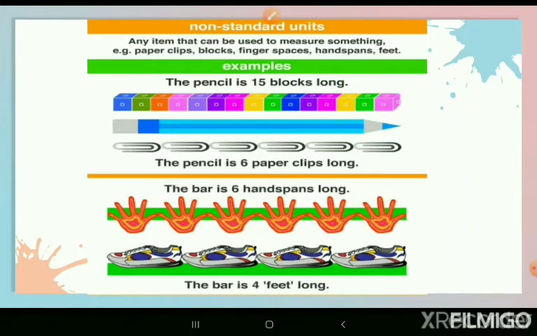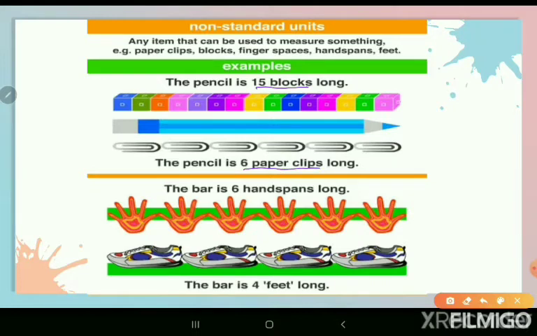So if you can see on your screen, here if we want to measure the pencil we are measuring with blocks. There are 15 blocks. So the pencil is 15 blocks long. And if we are measuring the same pencil with paper clips, then the pencil is 6 paper clips long.